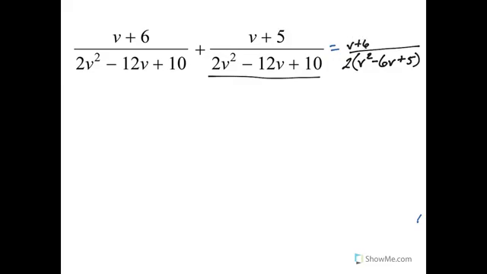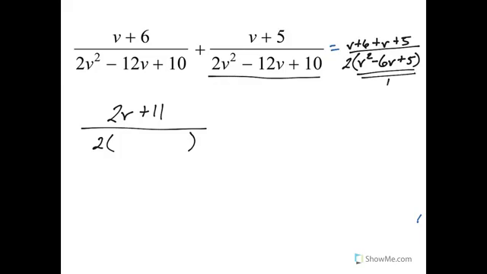Now watch how we write the numerator. V plus 6 plus, if you want to put parentheses, you can, V plus 5. Ends up being 2V plus 11 over 2. Now let's look at that, by the way. Let's see if we can kill 2 birds with 1 stone.